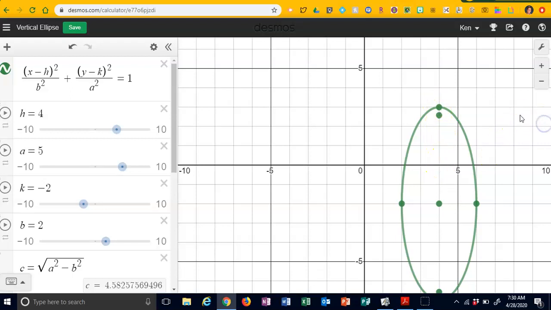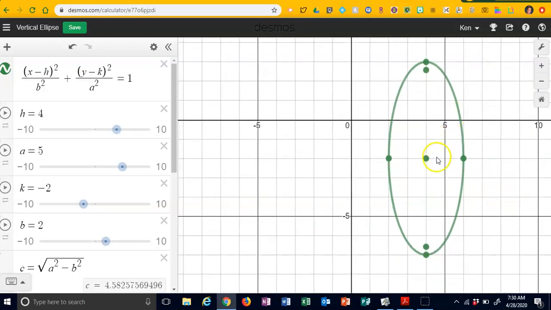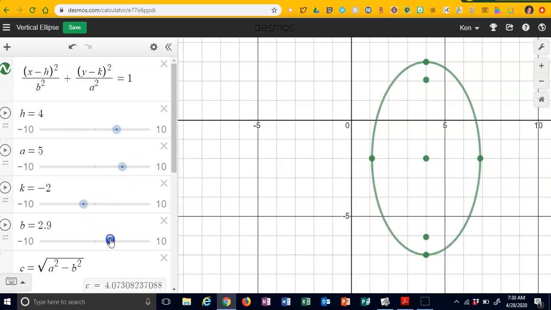And then what else would I do? From the center I'd go down 5. So 1, 2, 3, 4, down 5. Okay, so I have both vertices, and then maybe I'll adjust b. b was 3, so let me adjust that, and we'll find the covertices.